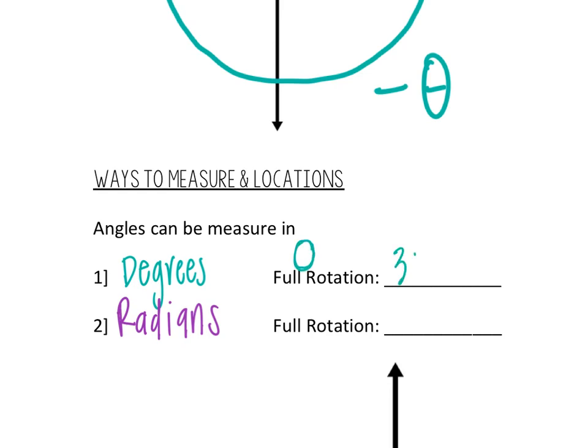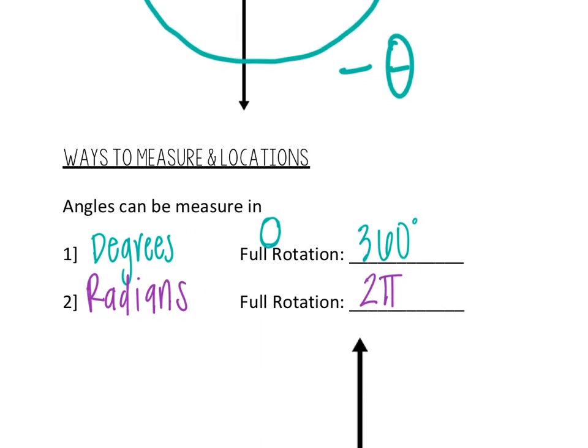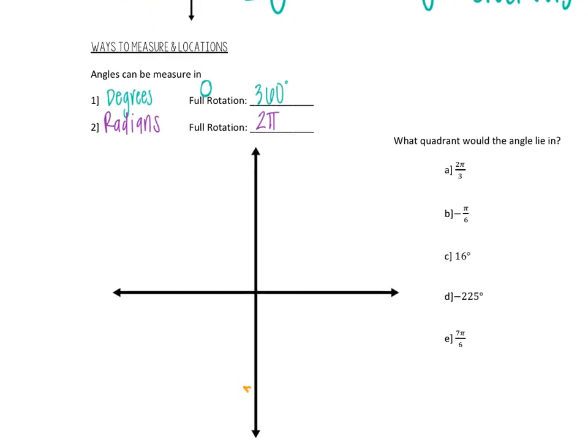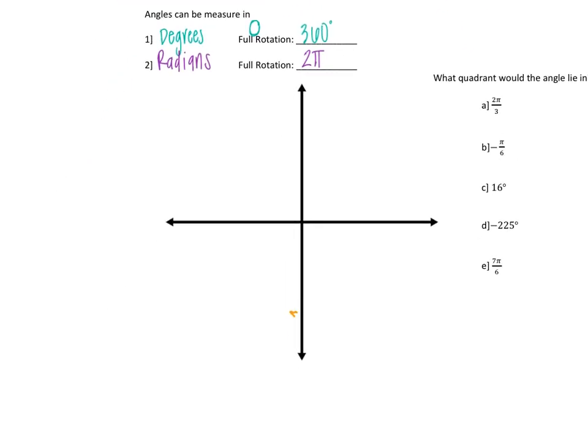That is 360 degrees. If you are dealing with radians, a full rotation is said to be 2 pi radians. On this little XY axis below, we are going to practice putting key measurements in degrees and radians on that unit circle.